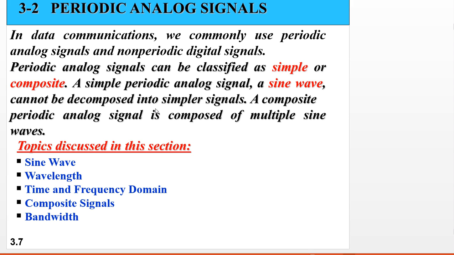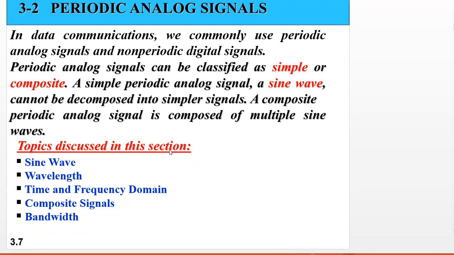Means if it is a simple periodic analog signal, it cannot be decomposed again. If it is a composite periodic analog signal, it is composed of multiple sine waves. Getting my point? Multiple sine waves, it means that you can easily decompose that composite periodic analog signal. Okay, so now what we are here to discuss right here.